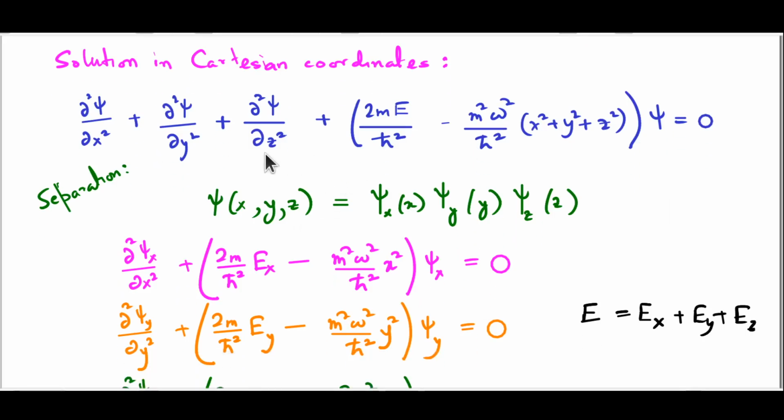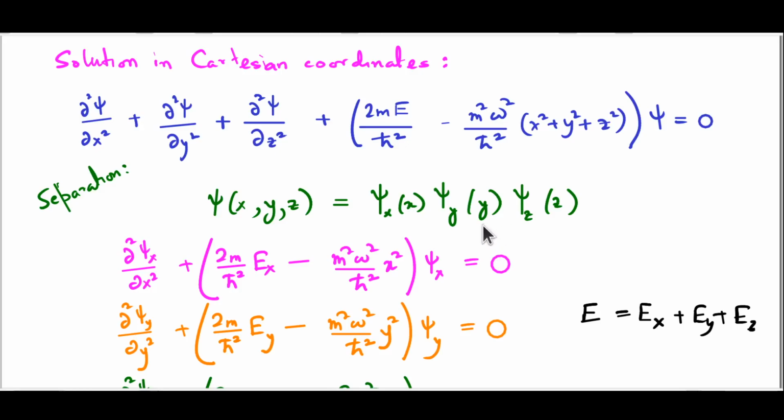And now what we can always do is try separating out the problem by using the separation ansatz, that is, by writing the wave function psi, which is a function of x, y, and z, as a product of psi x, which depends only on x, times psi y, which depends only on y, times psi z, which depends only on z.